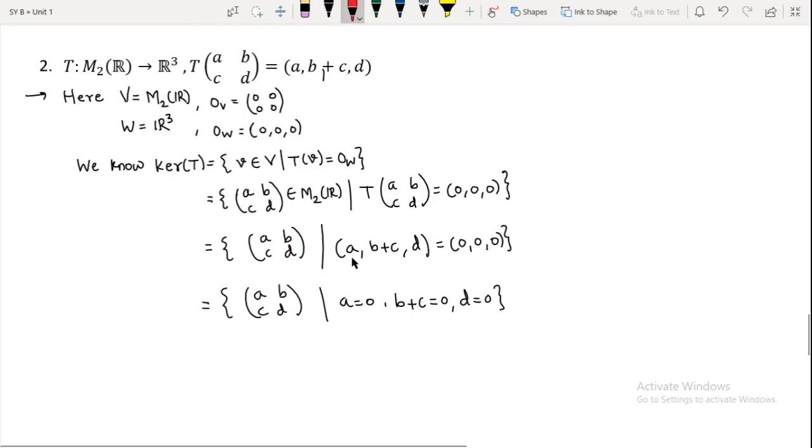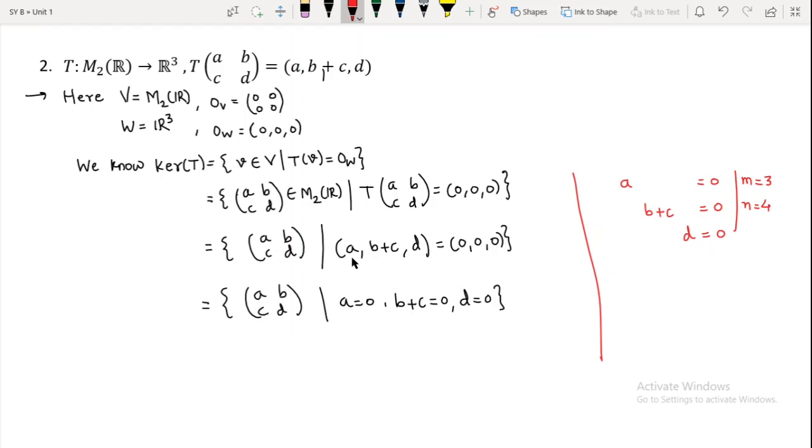Now again over here, this is one system. So A is equal to 0, next is B plus C is equal to 0, and the last equation is D is equal to 0. So we have to solve this homogeneous system again. So over here, our number of equations is 3 and our number of unknowns is 4, ABCD, right? So what will be our augmented matrix? 1, 0, 0, 0.